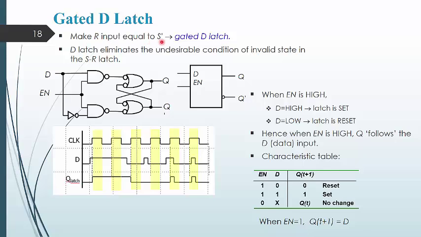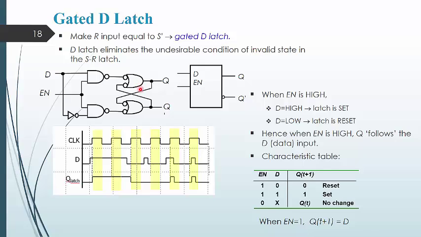The R input from the previous case has been made the value of S dash, the complemented form of the initial input. This is done to eliminate the undesirable invalid state in the SR latch.